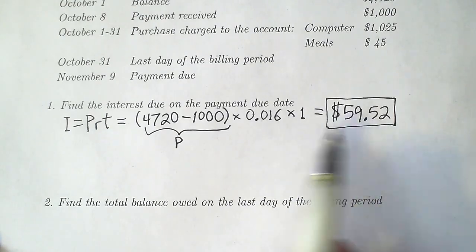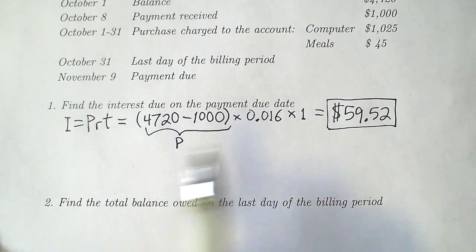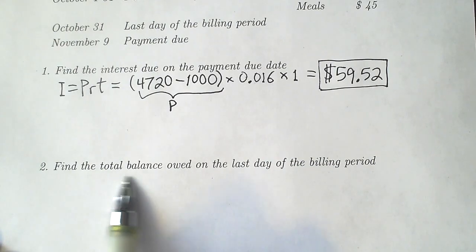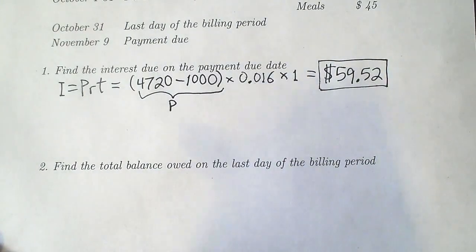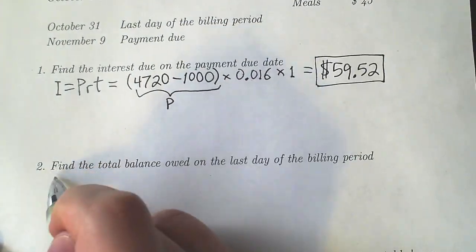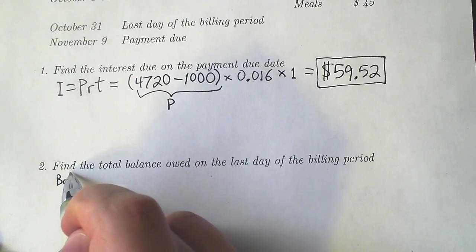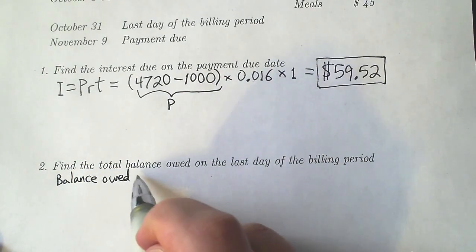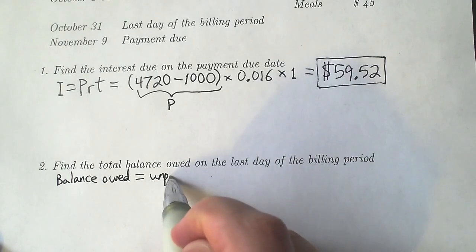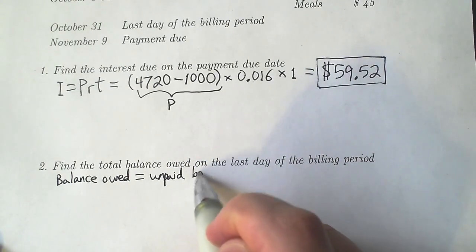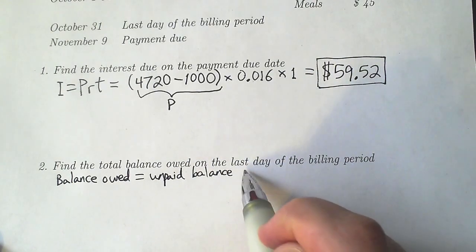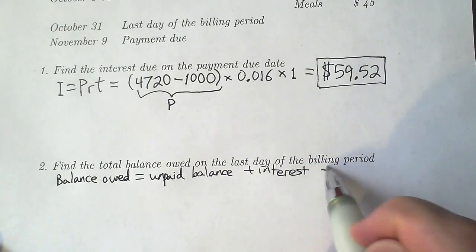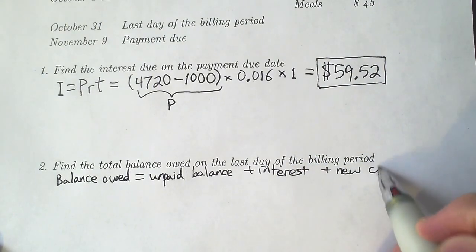And you could see how if that much interest is happening every month, that could really add up. But anyway, part 2 wants us to find total balance owed. So I'll write what is a formula in words: the balance owed equals the unpaid balance plus the interest plus the new charges.